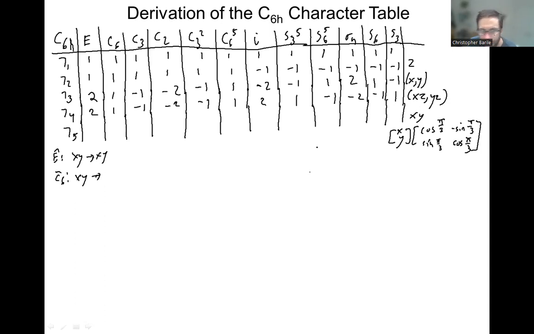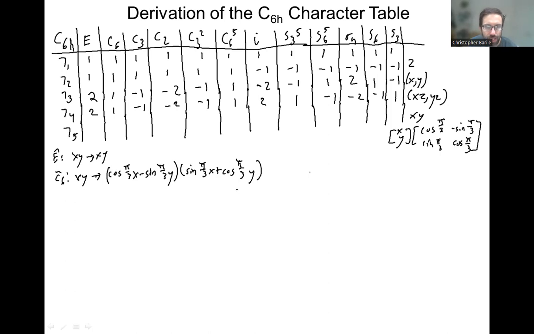So this tells you that when the C6 operation is done on x, it transforms as cosine pi over 3 x minus sine pi over 3 y. And so that's what x does. And then what does y do? y goes, following the bottom part of this matrix, to sine pi over 3 x plus cosine pi over 3 y.